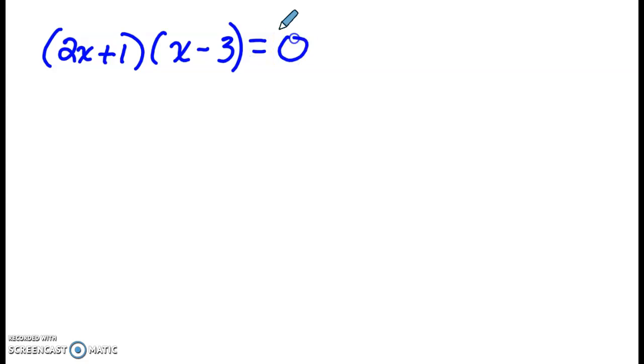And then I'd set it equal to 0. Hopefully when it's in factored form, you would get your answers, like if you were doing factoring, by setting this equal to 0, and it would be -1/2, and setting this equal to 0, and it would be 3. So keep in mind, when you solve it later, you should get the answers -1/2 and +3.